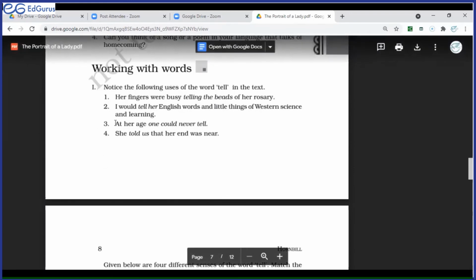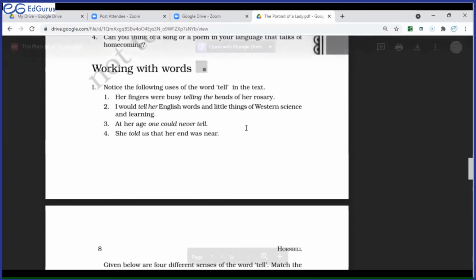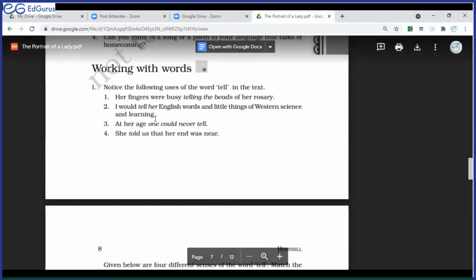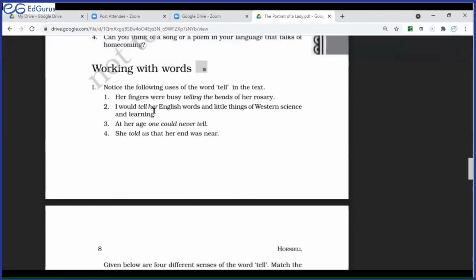I would tell her English words and little things of Western science and learning. I hope you can understand. I will not tell you the meanings because later on you are going to have an exercise to match the meaning. At her age, one could never tell. She told us that her end was near.